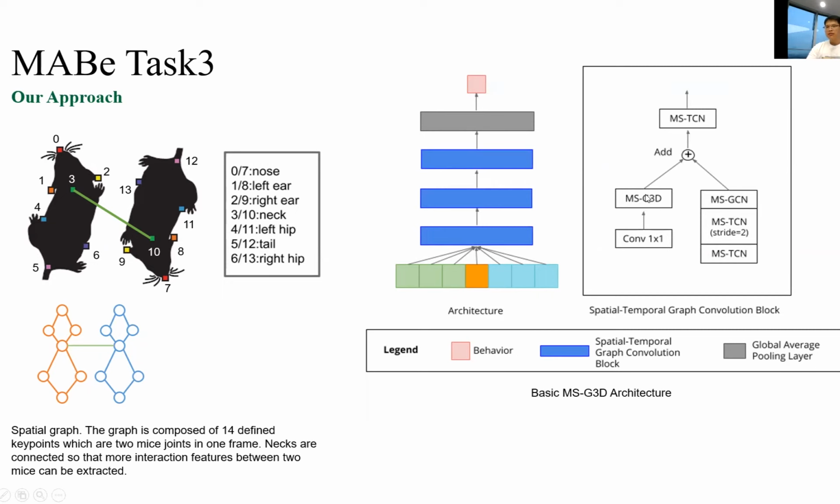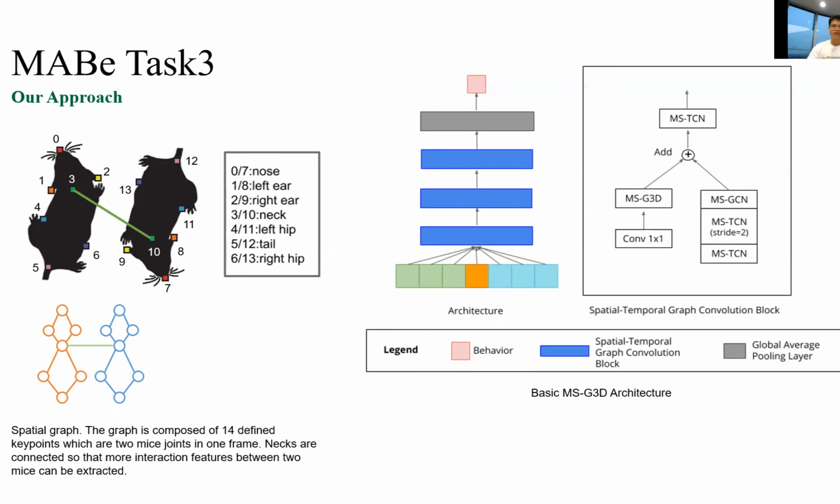This MSG3D block is actually an MSGCN with a sliding temporal window, so it can aggregate the spatial features and temporal features at the same time, then we add the outputs of these two pathways. This is the basic structure. More details can be found in the original paper. It is a very useful and effective algorithm.